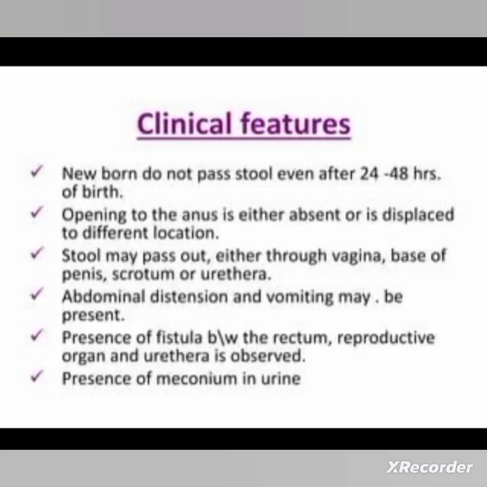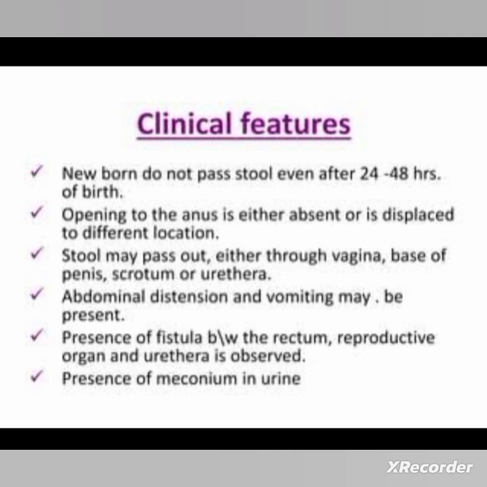So what will be the clinical features? Usually the meconium will be passed within 24 to 48 hours. This will not take place in anorectal malformation. When we examine the child, there will not be any anal opening. Stool may be passed out either through the vagina, base of penis, scrotum or urethra.